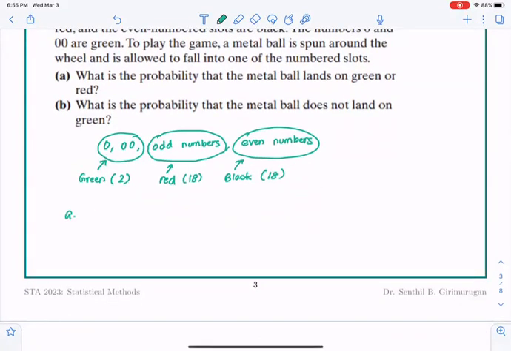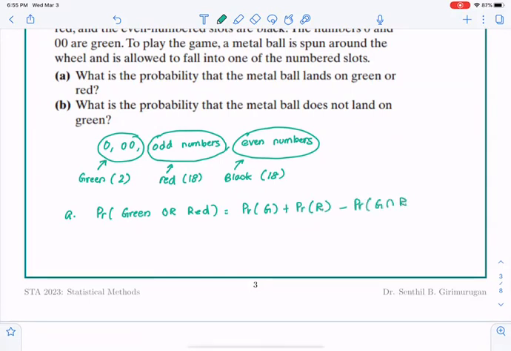So part A is the probability of green or red. So that would be the probability of green, I'll just call it G, plus the probability of red, minus the probability of G and R, which means green and red at the same time.